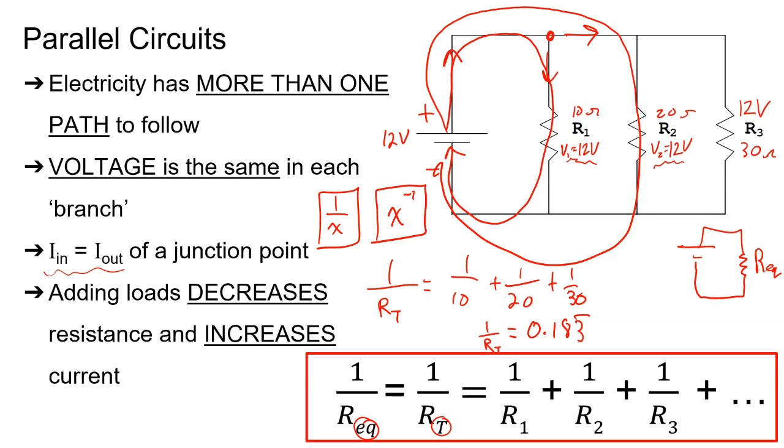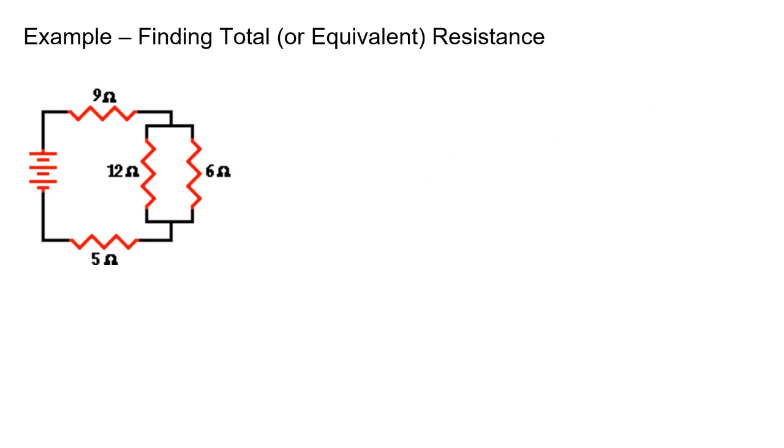And then I have to hit the 1 over x button one more time, and that's going to give me an equivalent resistance, or a total resistance, of 5.45 ohms. Okay, so that's just a quick example about how to find total resistance for a parallel circuit.